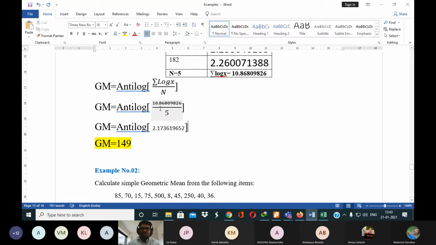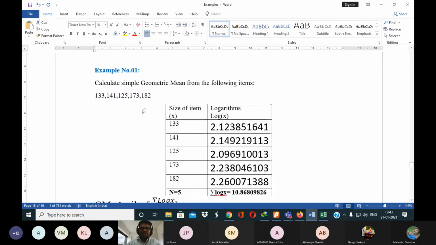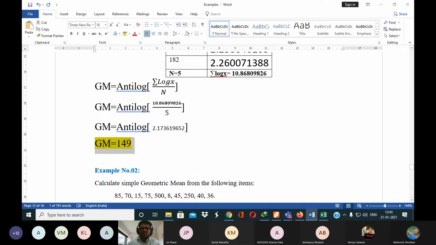When we divide this number by 5, the value is 2.1736. We then calculate the anti-log of this number, which is 149. Therefore the geometric mean of the given data set is 149.